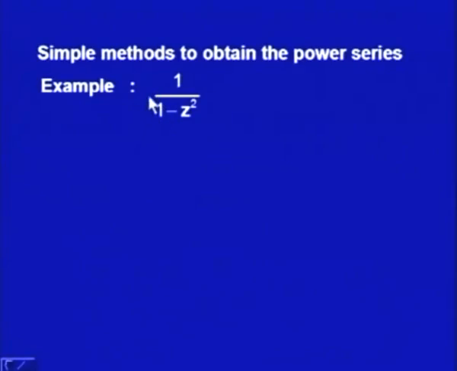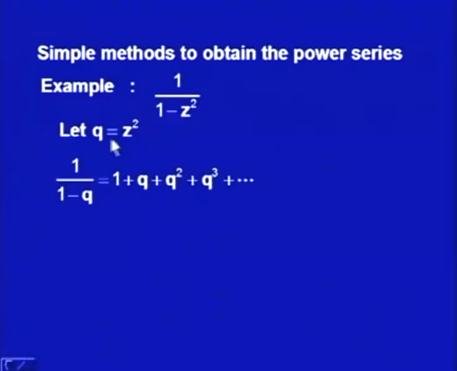So, to simplify matters, we try to express a given function in a power series, and because of uniqueness, whatever power series we obtain will be nothing but the Taylor series for z equal to a, and the Maclaurin series when z equal to 0 is the center. So, for this let us consider q as z square. We can write this function as 1 over 1 minus q, and we know this can be expressed as 1 plus q plus q square plus q cube and so on.